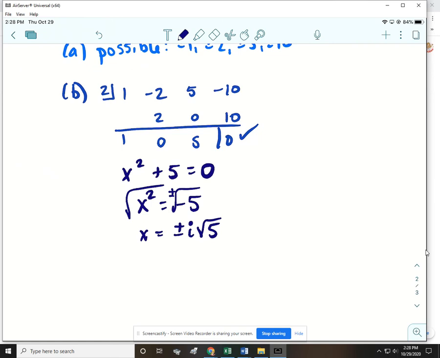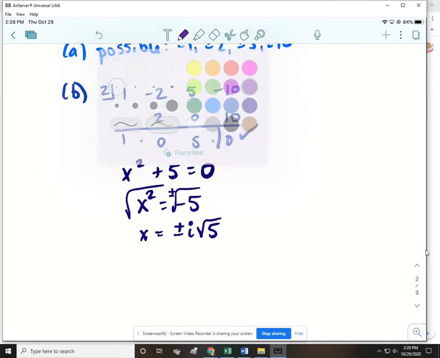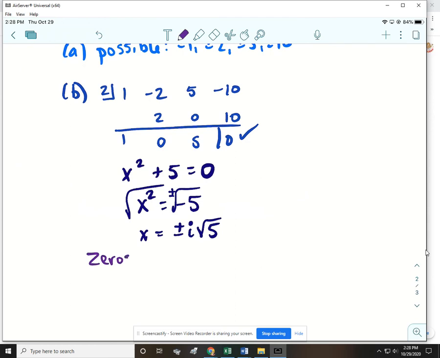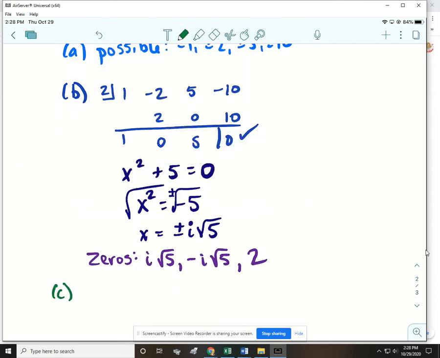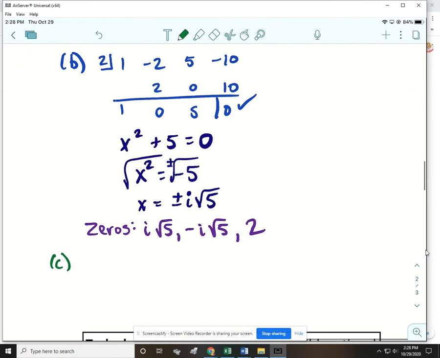So all of your zeros are going to be positive i square root of 5, negative i square root of 5, and then the 2 that we found from synthetic division. And then the C part, we want to write the function as a product of linear factors.